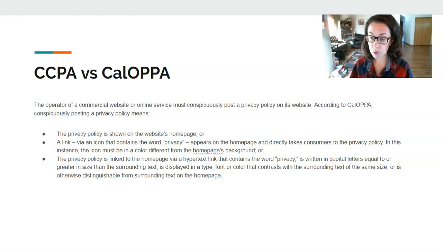But basically some of the requirements of the Cal-OPA are that you have a privacy policy listed on your homepage, which Google AdSense does require, a link on your homepage with the word privacy in it, so that takes people to the privacy policy so that they can go and read it. It's not hidden necessarily. So in most cases, if you're in compliance with AdSense, you're going to be pretty much compliant with CalOPA. Not exactly the same, but close.